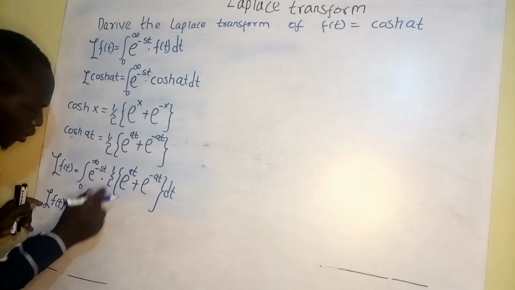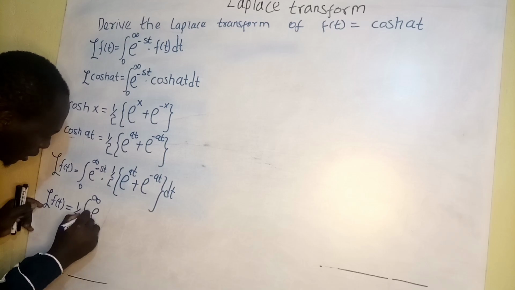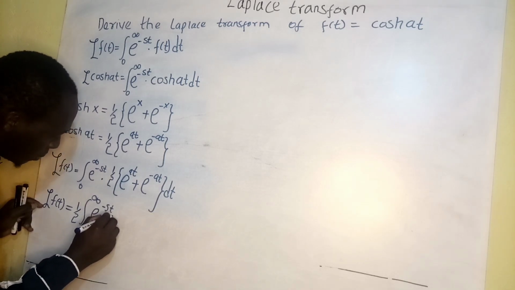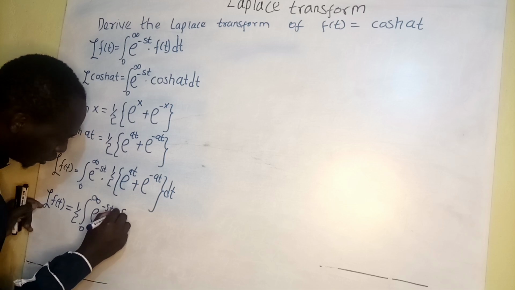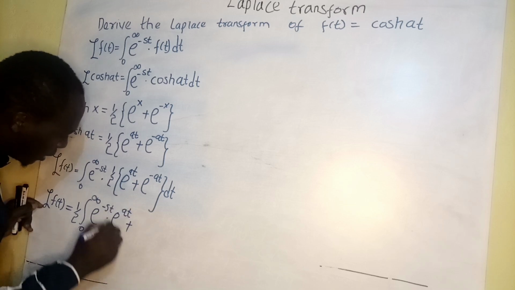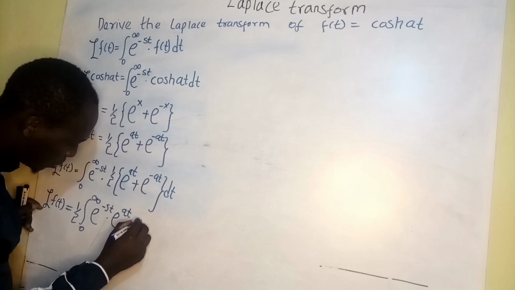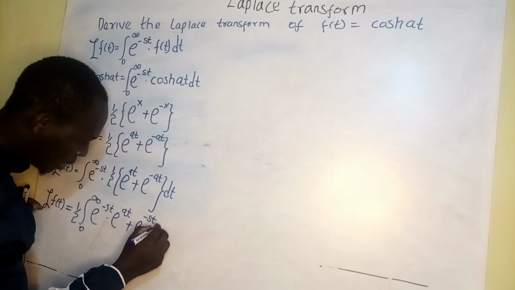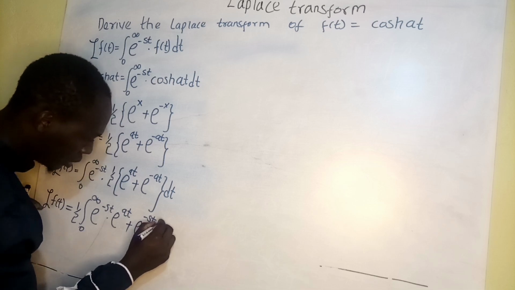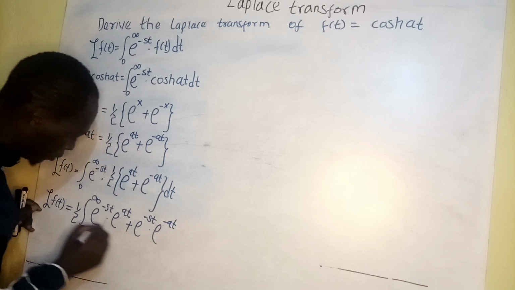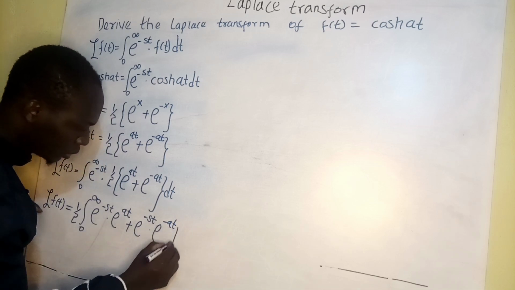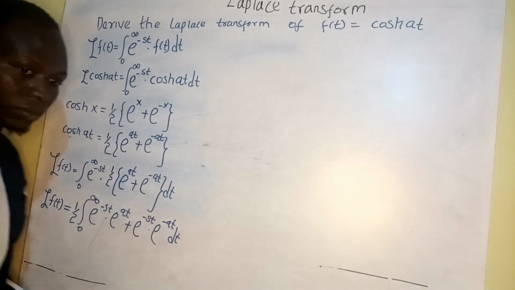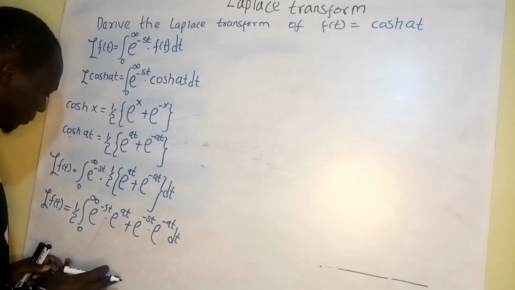We open the bracket, and we have exponential negative st multiplied by exponential at, added to exponential negative st multiplied by exponential negative at, and our whole integration is with respect to dt.